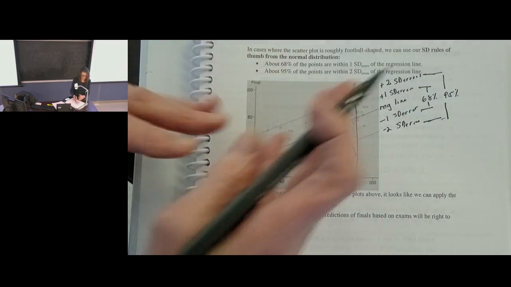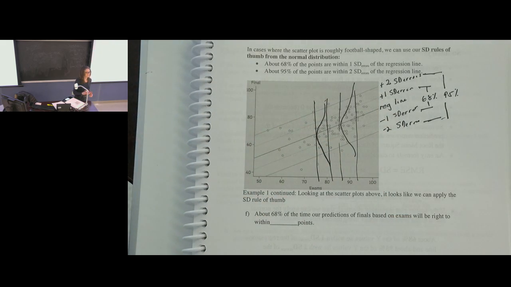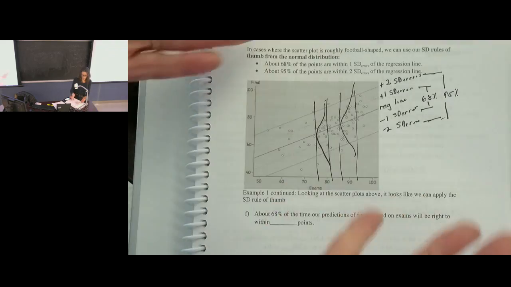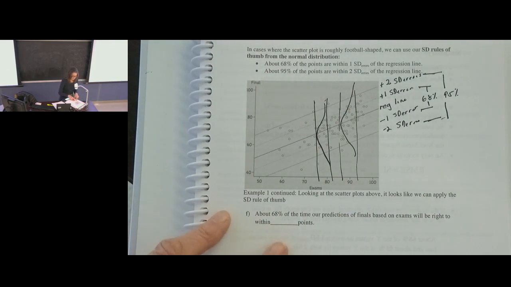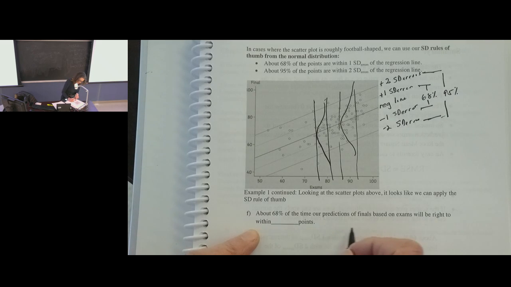Now it's not always true, but when it looks like this, we're going to be able to use more robust statistics to analyze the data. So for example, because it looks pretty good here, we can say that about 68% of the times our predictions of final based on exams will be right to within what? 1, because 68 has z-scores of 1.